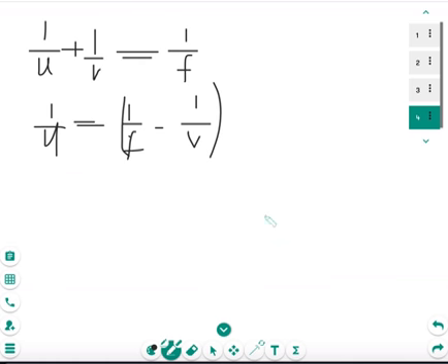So this will be equal to, you find the LCM of f and v is fv, yeah? And so f goes into here, v times 1, so this is v. And v goes into here, f times 1 is minus f.